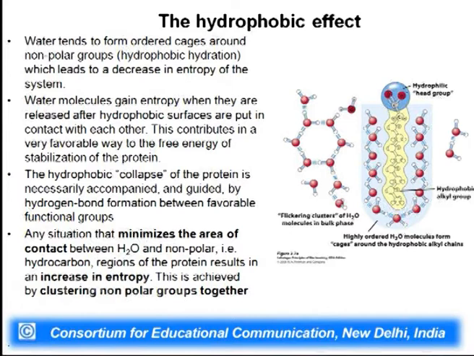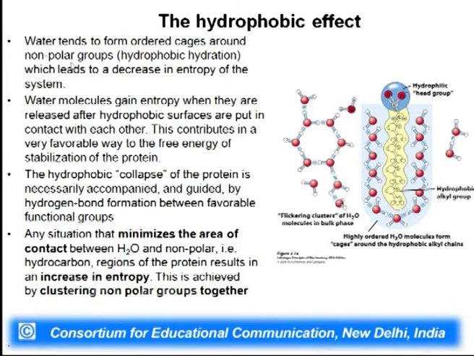So, summarizing that, we were talking about how the hydrophobic effect is a very essential component in the structuring of water, which in turn results in conformational stability and structuring of the polypeptide.